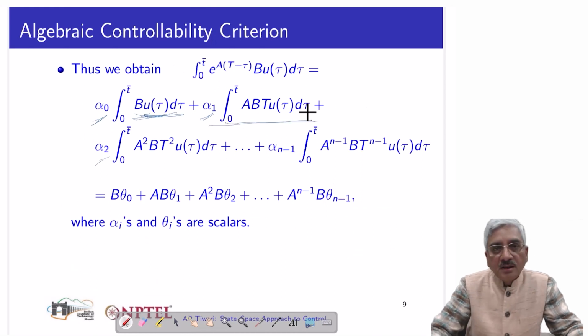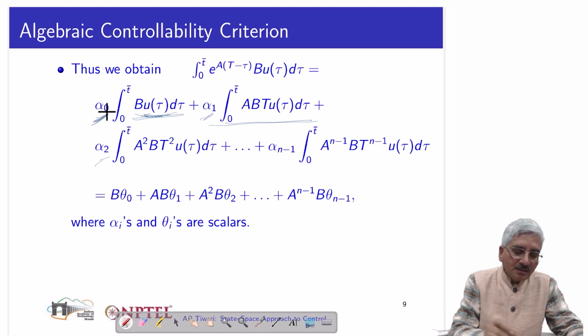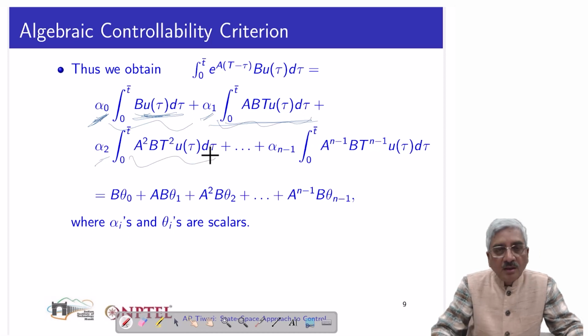So this we expressed A power n plus 1, etc., in terms of identity, A square, etc. We brought all the terms of like quantities, like powers together, and then we get this kind of a linear combination: alpha 0 into this integral, alpha 1 into this integral, alpha 2 into this integral.